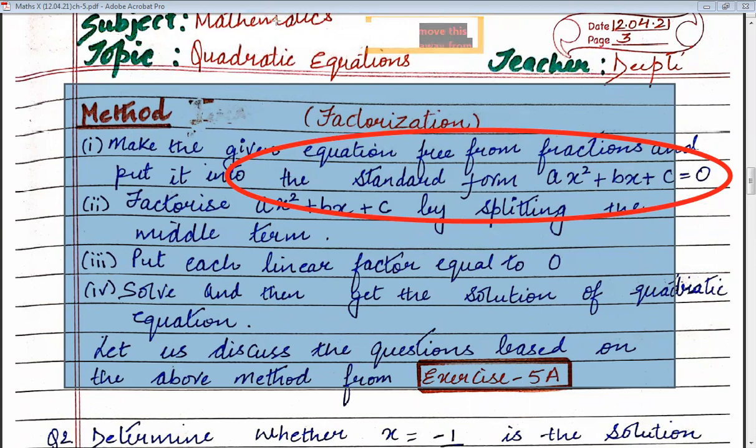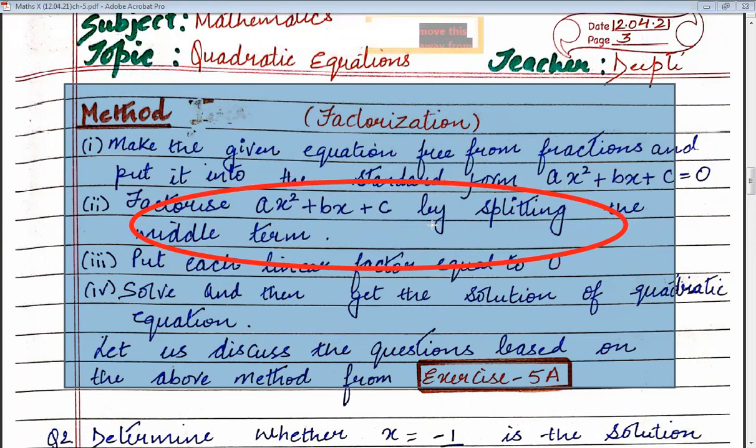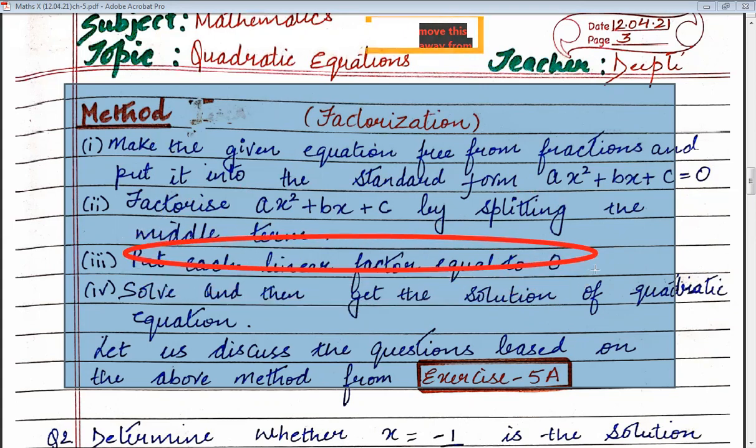Okay students, now after that you will factorize ax square plus bx plus c by splitting the middle term. Now children, you have to factorize this by splitting the middle term, and then you have to put each linear factor equal to 0.